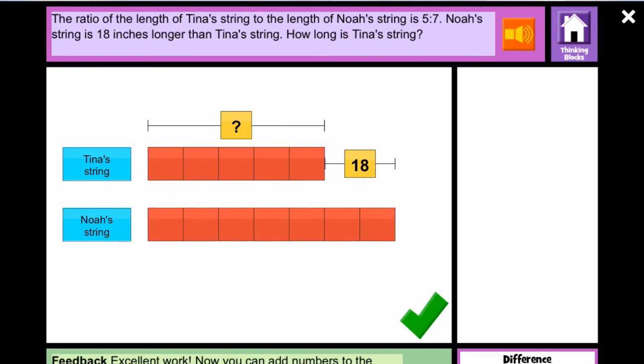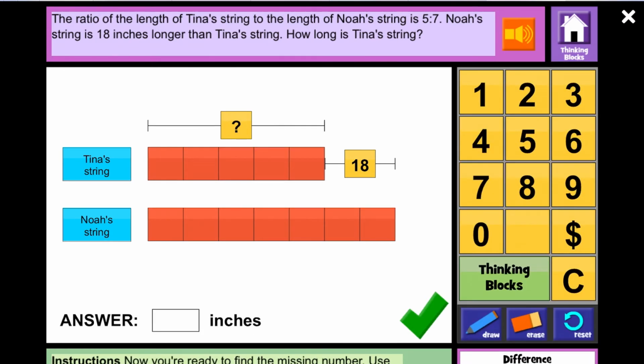When we're dividing or sharing equally, that 18 splits into 9 for each block. So if each block represents 9, and Tina has 5 blocks, then Tina's value is 45. So her string is 45 inches.